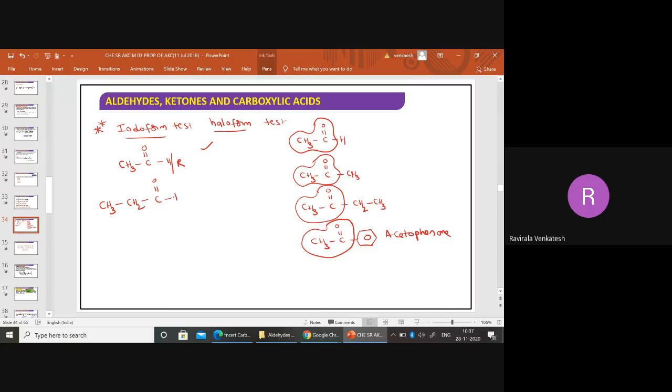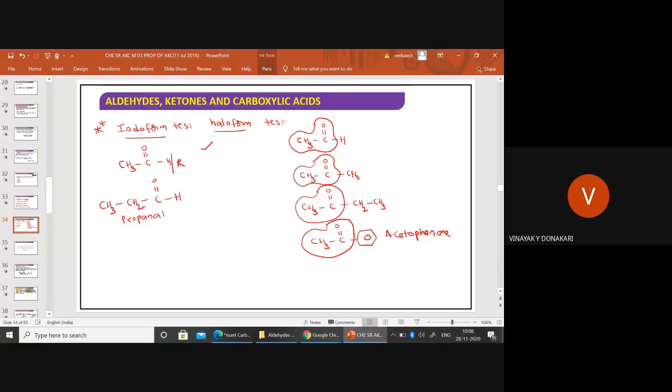Now let me see this one. Is propanol giving the iodoform test? Yes, sir, this propanol gives the iodoform test. This will come in MCQ questions; you will get this application part. Does this one give the iodoform test or not?